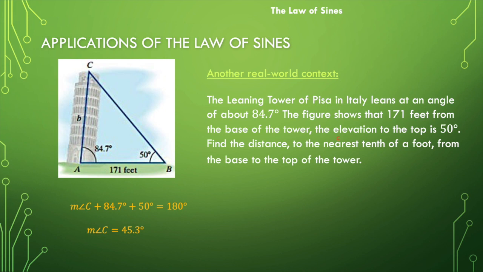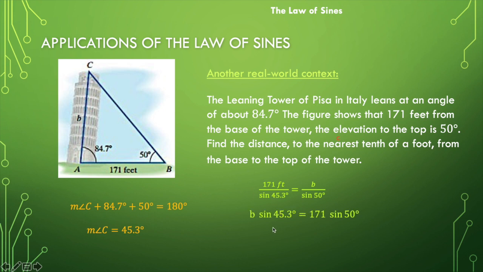Excellent. Okay, now let's set up a proportion using the law of sines. So 171 feet divided by the sine of angle C, or 45.3 degrees, will be equal to length of side B over the sine of 50 degrees. Cross multiply.